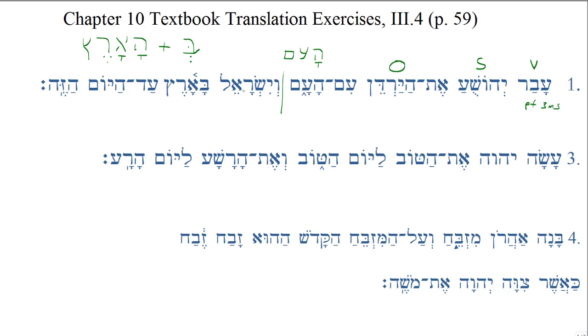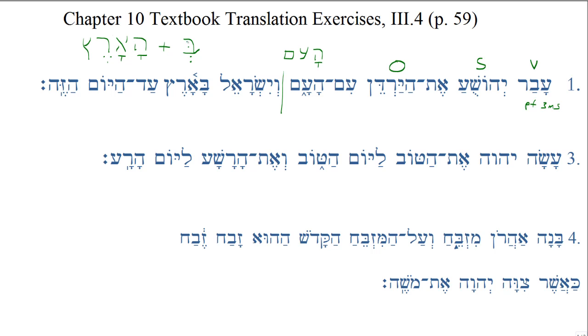Now the second part of the sentence, v'Yisrael ba'aretz, so we have Israel, v'Yisrael, that's and Israel, ba'aretz, in the land. Eretz can mean either land or earth, and probably we're talking about the land here that they entered. So ba'aretz. Notice that there is a definite article.